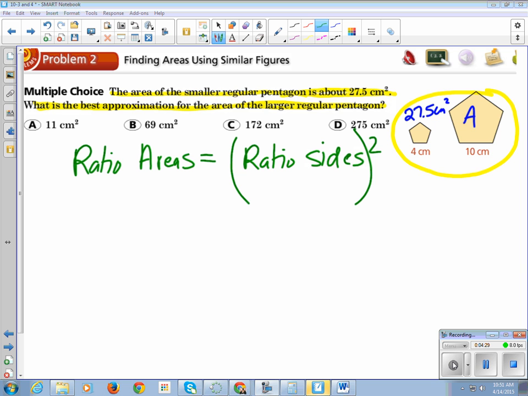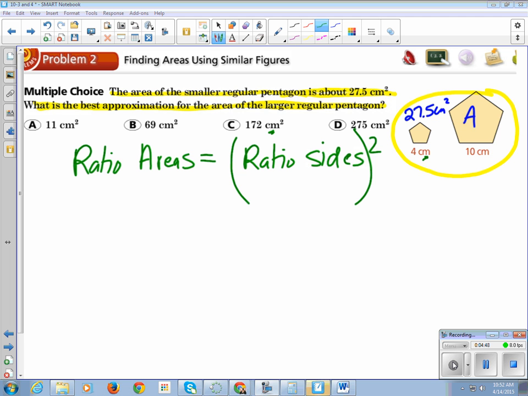So when I'm finding the ratio of the areas, I want to make sure I take my side ratio and square it. The way I remember this is to check out our units. Our area units are squared. Our side units are not squared. So the units tell the story.